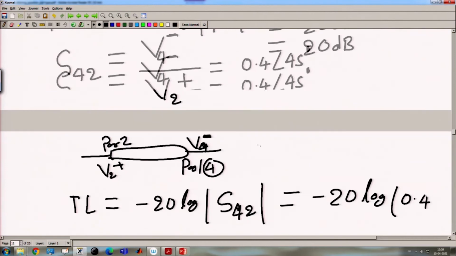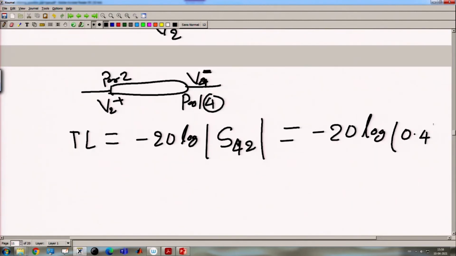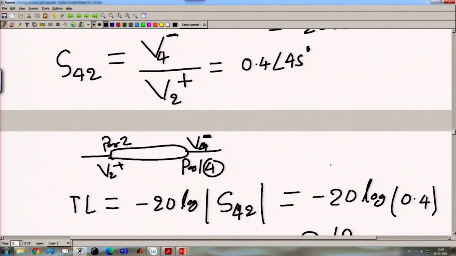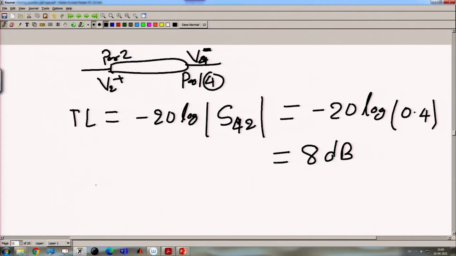So, that will give 8 dB. So, insertion loss from port 2 to port 4 will be 8 dB, and phase delay will be 45 degree, that we know from the matrix.